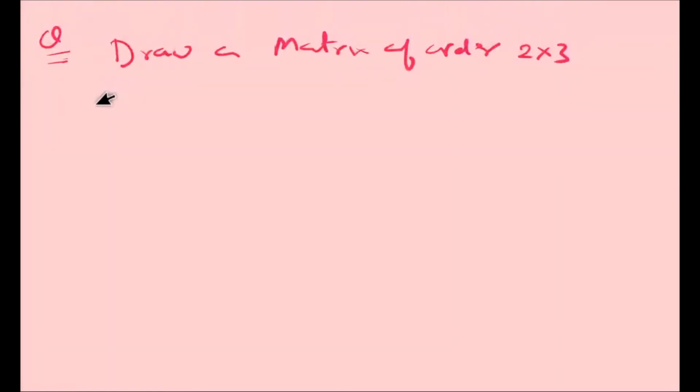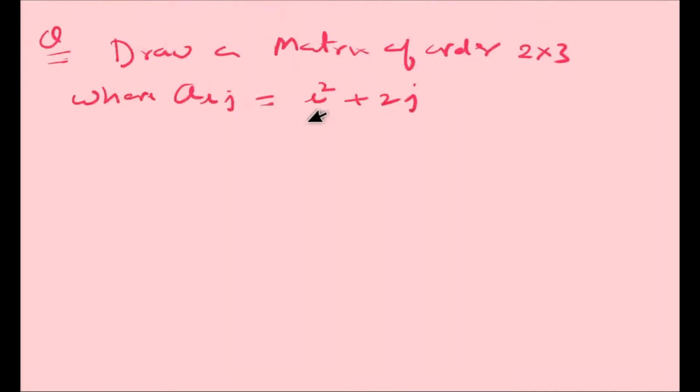Now draw a matrix of order 2 into 3, where Aij will be given this way: i square plus 2j.